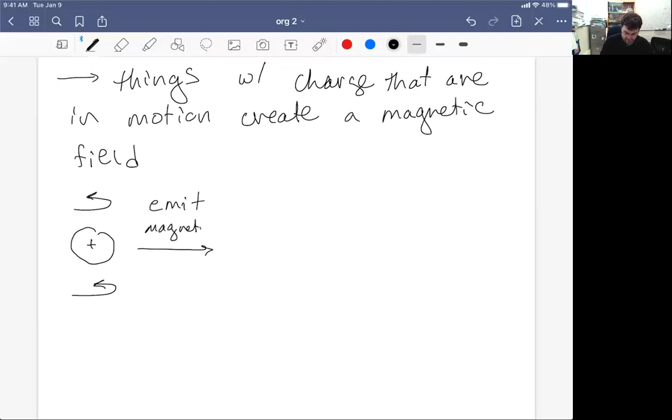And the magnetic field actually creates what's called magnetic field lines. These look like Dumbo ears, and they try to be as much as possible perpendicular to the vector of motion. So if we're spinning horizontally, these lines like to move vertically up and down, but they're going to try to connect with each other.